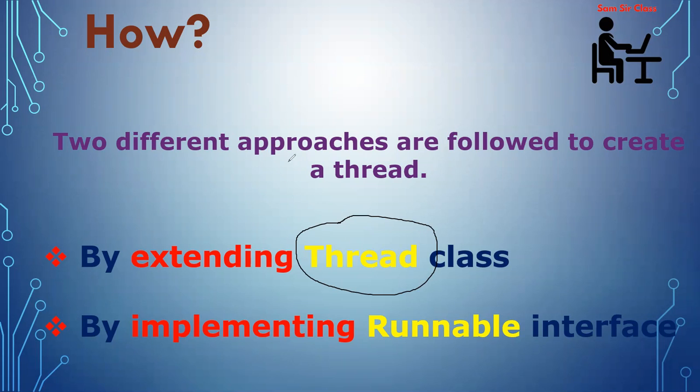Similarly, whenever you want to create a thread, you have to inherit the predefined class Thread, because multiple predefined methods are available inside the Thread class. The second approach is to implement the Runnable interface. We'll also discuss why there are two different approaches for a single problem.